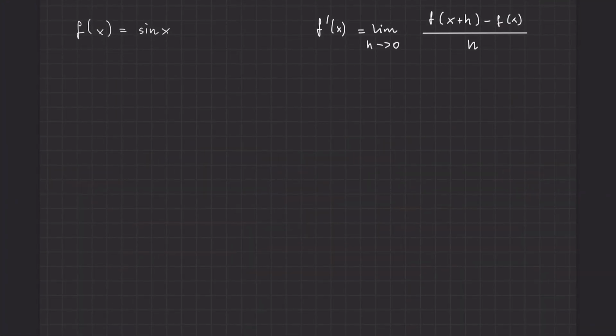Now I'm gonna solve the second example, which is sine x. And we are looking for the derivative of sine x. So we are following the same formula. So limit as h goes to 0.